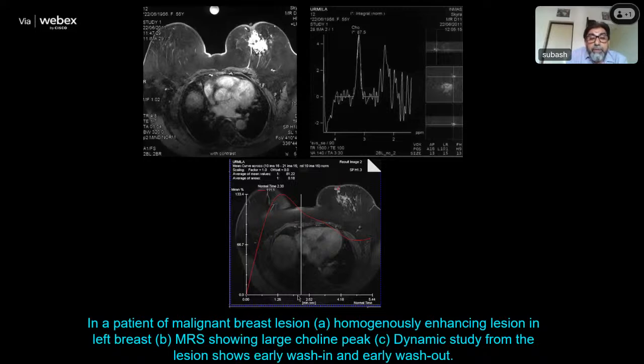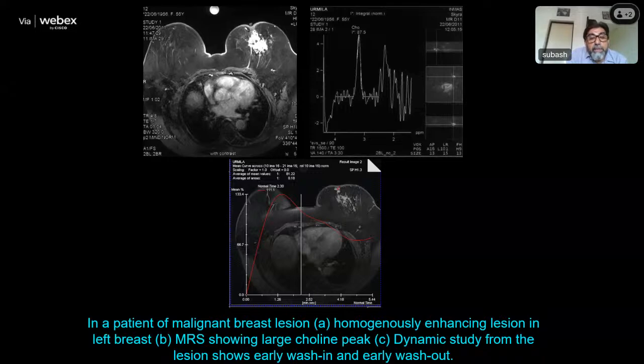A normal lesion region of the breast will take this much time for the contrast agent to reach the peak. So this peak should have been on this line here, but there's an early wash-in. That means the tumors are hypervascular. They take blood very fast, too much of it, because they need a lot of energy. They suck a lot of blood from the bloodstream.